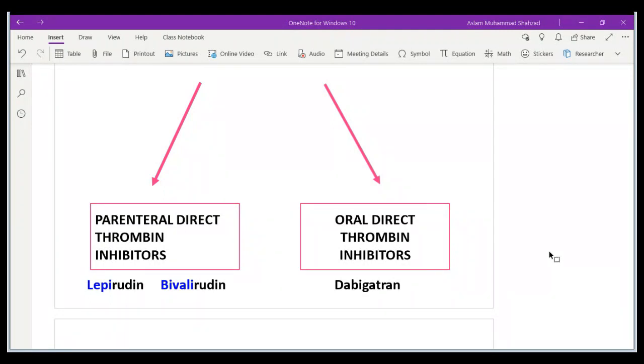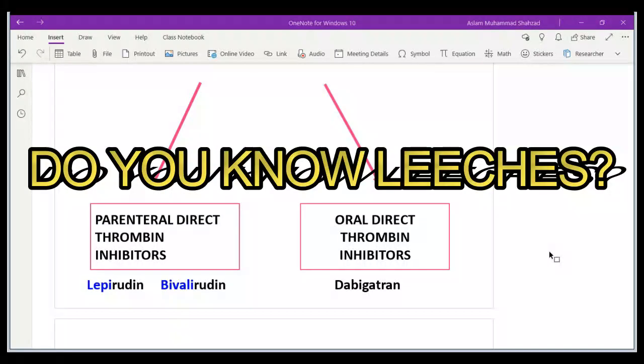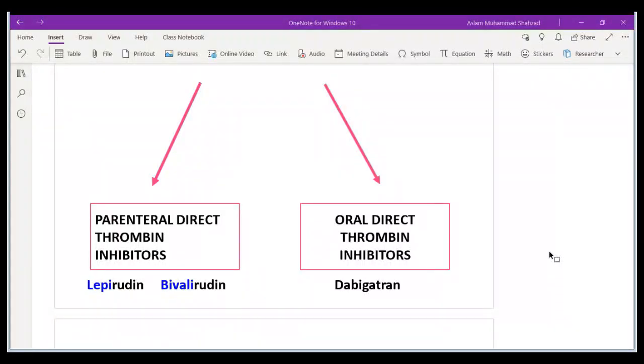In the case of hirudin, the interesting thing is that, do you know about leeches, the blood-letting or blood-sucking agents? They have been used since the ages of Hippocrates.